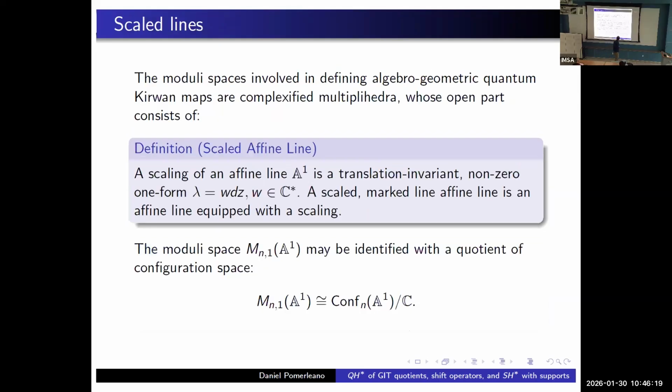There are two frameworks for doing quantum Kervaire maps. One is an algebro-geometric framework due to Woodward, and the other is a symplectic framework due to Fukaya.